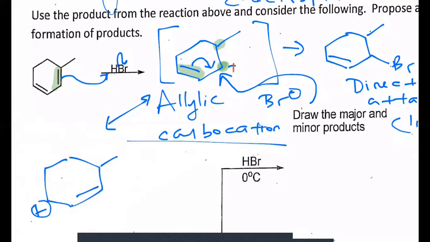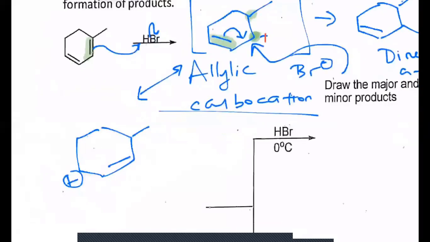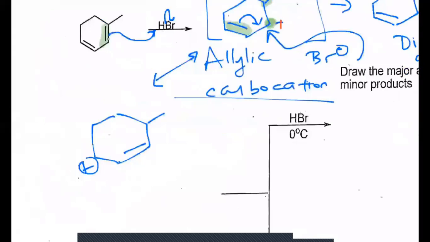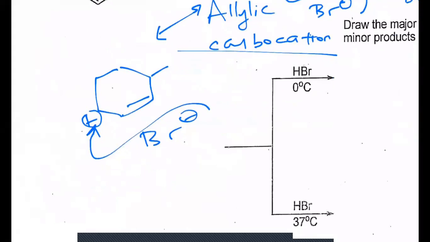Can you see the resonance form? So can bromine attack that plus charge? Yes, it can. So with these conjugated dienes, you're always going to get two products. You're going to get the product where bromine attacks directly, and then one where bromine attacks the resonance form. So I'm going to draw that down here.